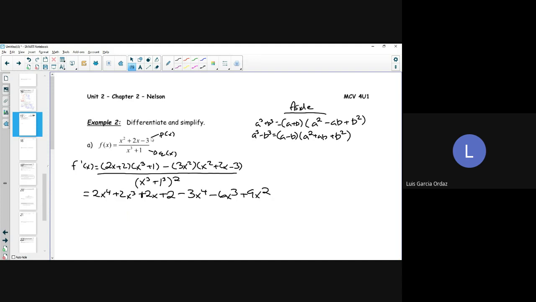All you're doing here, guys, is just foiling the two brackets in the numerator, and you are leaving the denominator alone for now, which gives us (x^3 + 1)^3 over to the power of 2.